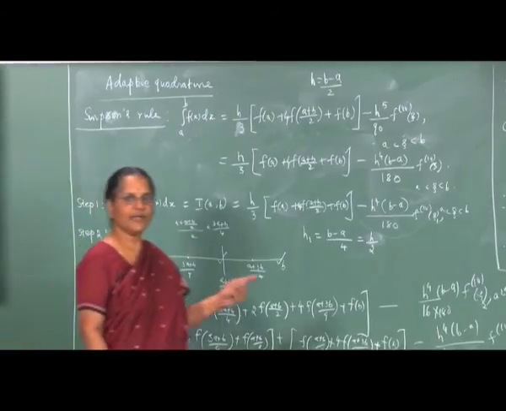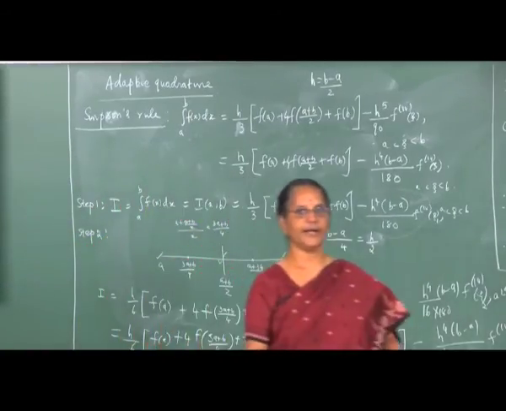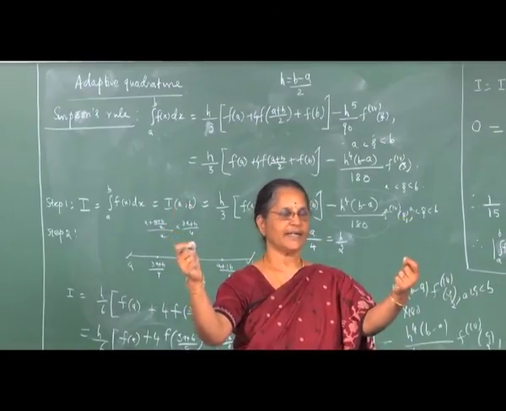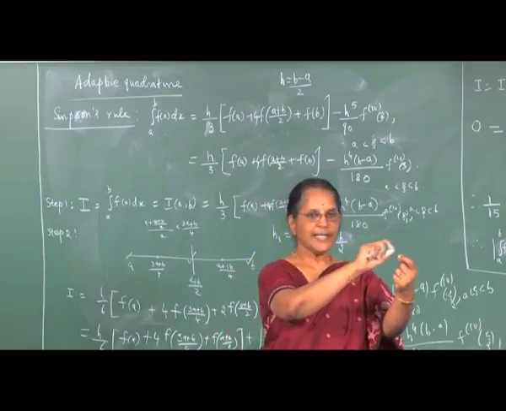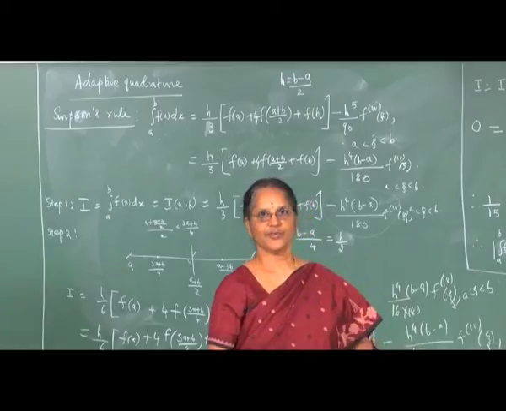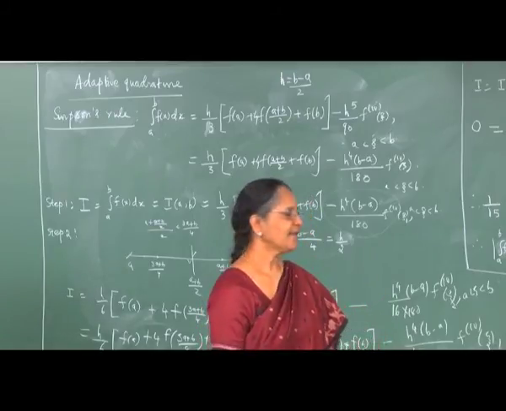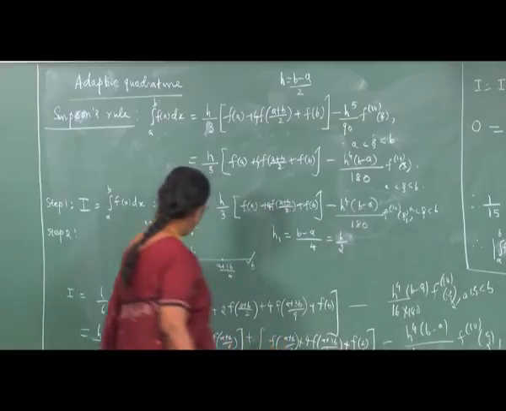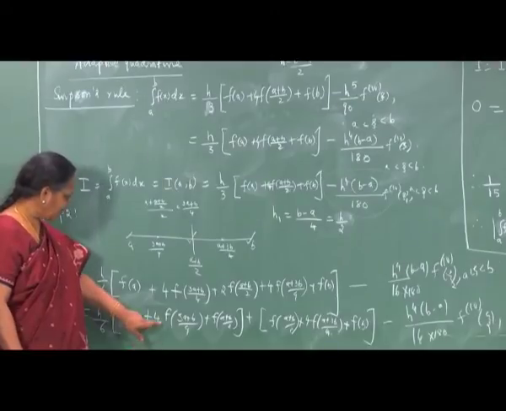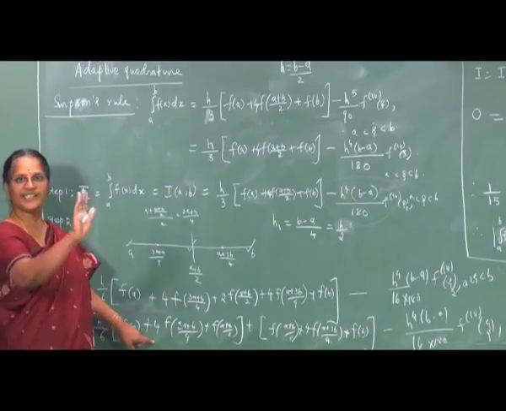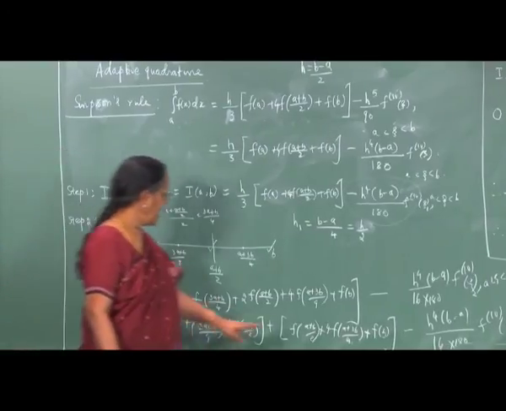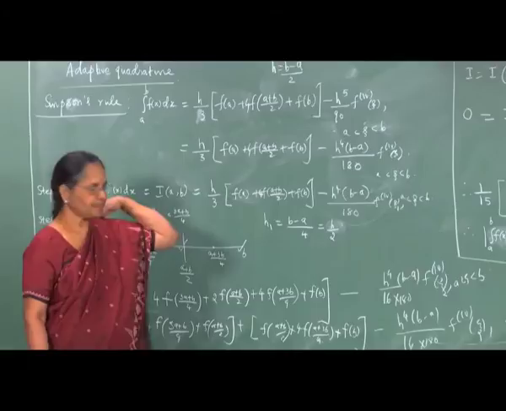Step 2 is equivalent to doing the following: divide the interval a b in such a way that it is split into 4 equal subintervals, and composite Simpson's rule is applied in that interval. The result tells you that it is equivalent to applying Simpson's rule in each of these half intervals a to a plus b by 2 and a plus b by 2 to b.